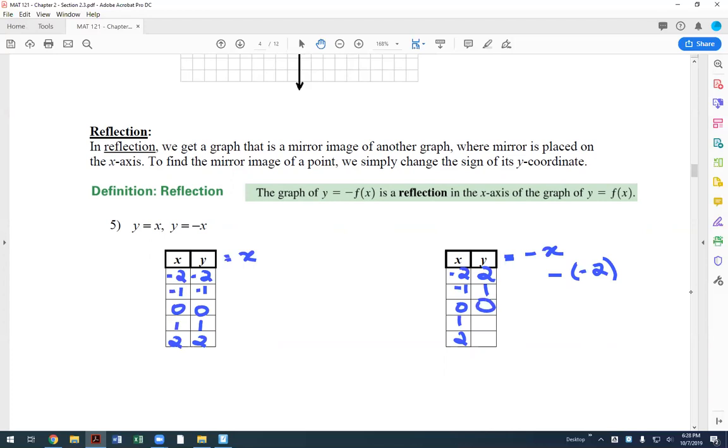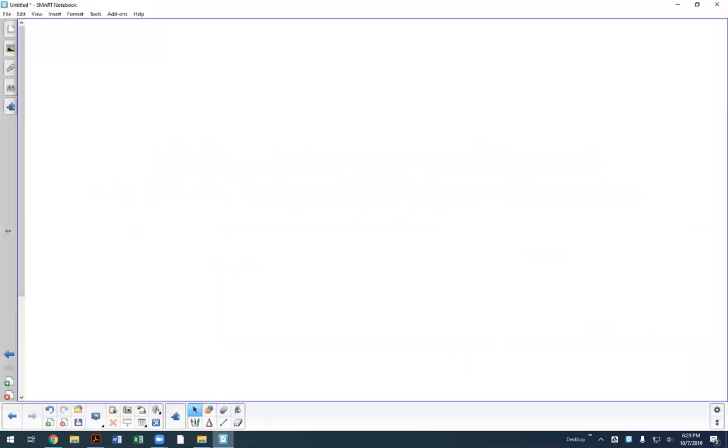Now, when my x values are positive themselves, and I put a negative in front of it, that'll make a positive into a negative, right? So your signs literally change from the original function to the reflection. You're just basically switching your signs around. So when we graph this, what will it end up looking like?